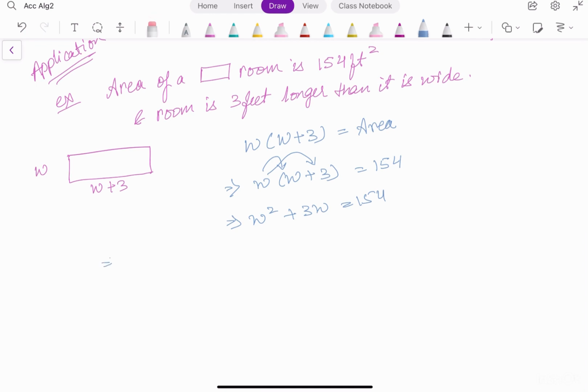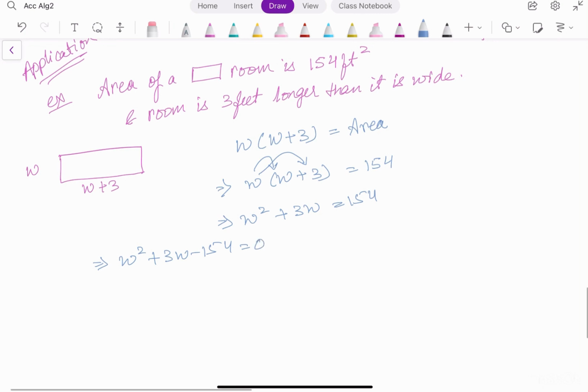Let's take 154 on the left hand side and factor it out. So if you factor it out, you will get w plus 14 and w minus 11 is equal to 0, and we can get two solutions. I use the B and AC method.